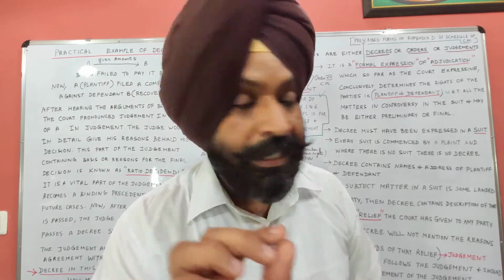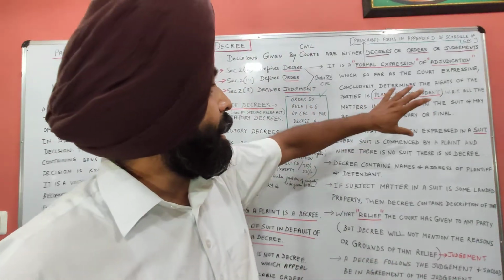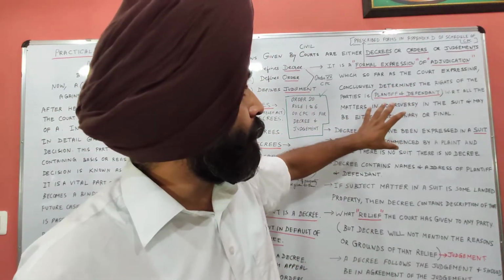The reasons and the grounds of that decision is given or written by the judge in a judgment, not in a decree. The decree does not contain any reasons or the grounds of the final decision by the court. Decree conclusively determines the rights of the parties.